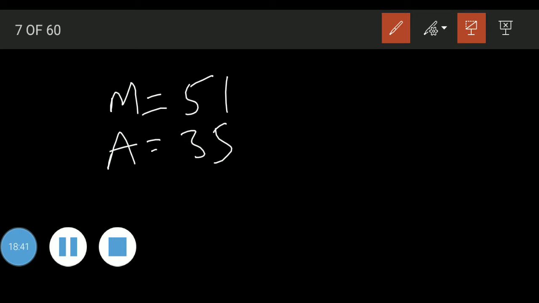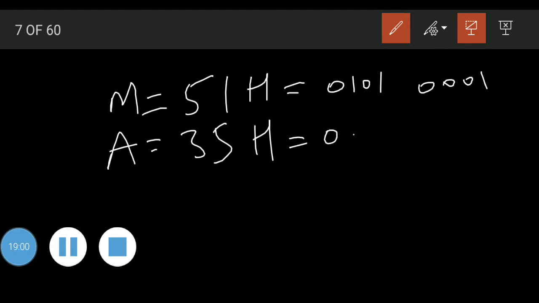The addition will be done in this way. Suppose this is our content, so 51 will be converted into binary. How will 1 be converted? 0001. How will 3 be converted? 0011. How will 5 be converted? 0101. Now I will do the addition.